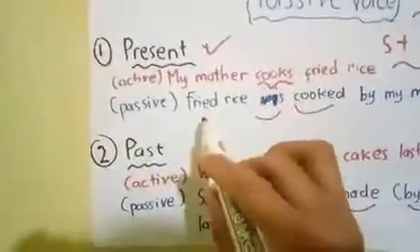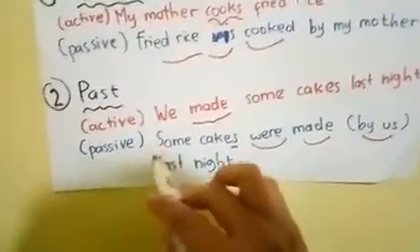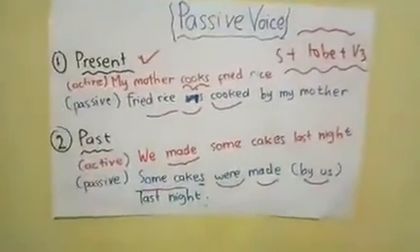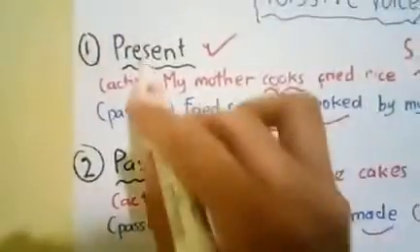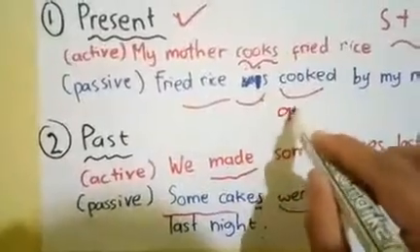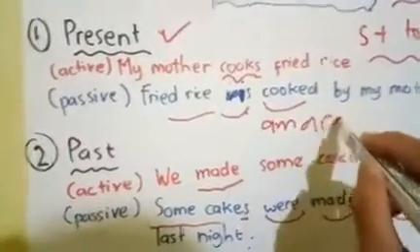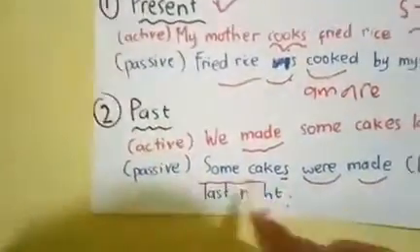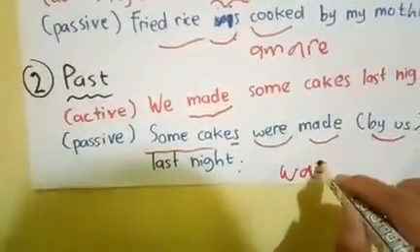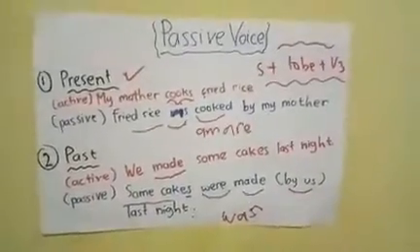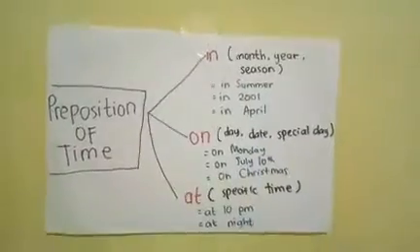Look at this and this. Okay, keep in mind that for the to be, if it is present, you use is, am, are. But if it is past tense, we use were and was. Depend on the subject. Okay, that's all about passive voice.